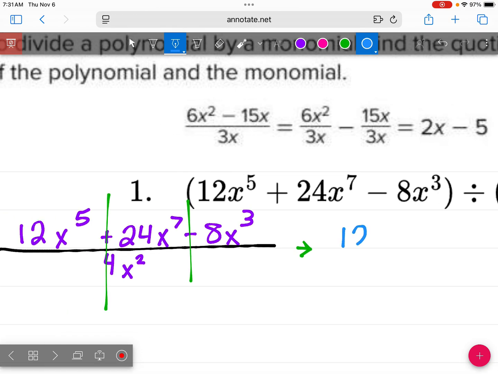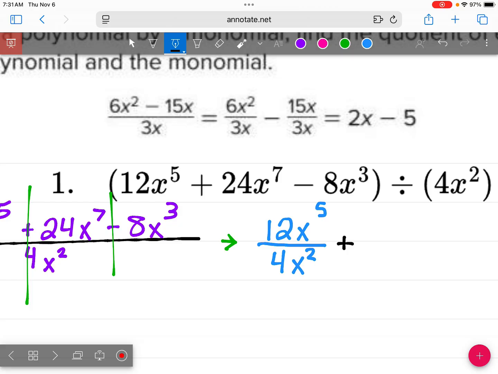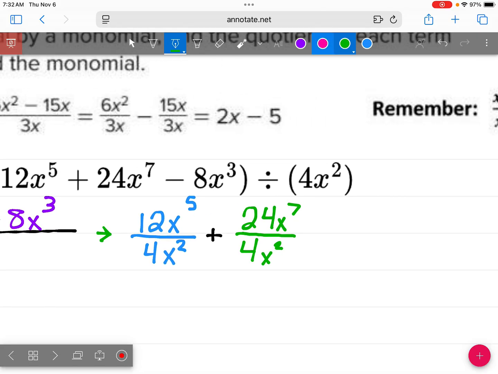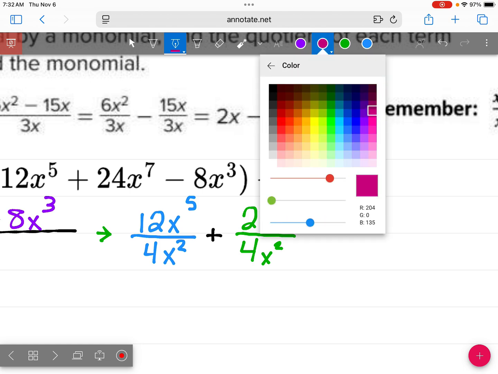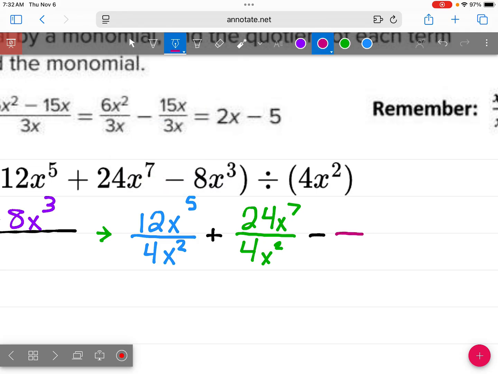We're going to have 12x to the 5th over 4x squared, then the same plus sign, then 24x to the 7th over 4x squared, then our minus sign and another fraction with 8x cubed over 4x squared.